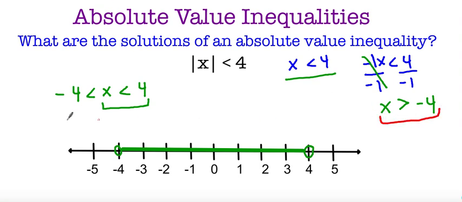This inequality is included here too, but it's flipped a little bit, where x is greater than negative 4. So these two are true. And if we plot them, we can see it's x is less than 4 and x is greater than negative 4, and that is why we could just write one inequality to include all of that.